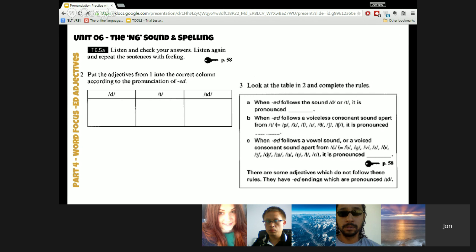Julia, word number 3 for you. Where can you see this word? In the chat window, the Google chat window. Do you see it? No? Click on the blue box. Rocked.